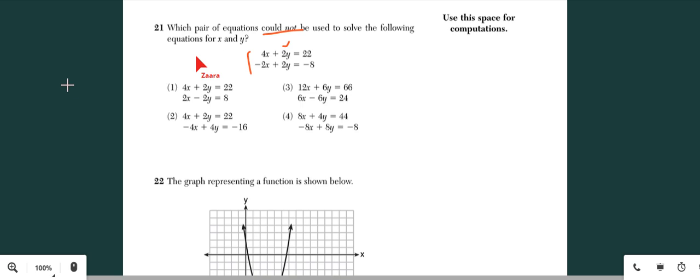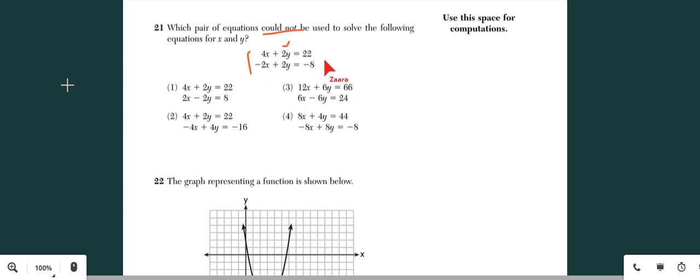So this can be used. In this one, they multiplied the first equation with 3. So 3 times 4 is 12, 3 times 2 is 6, 22 times 3 is 66. And they multiplied the second equation with negative 3. So this can also be used.